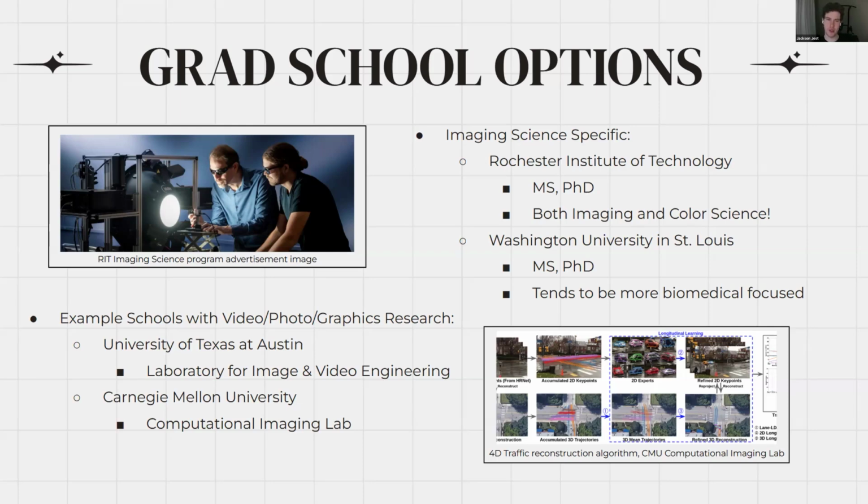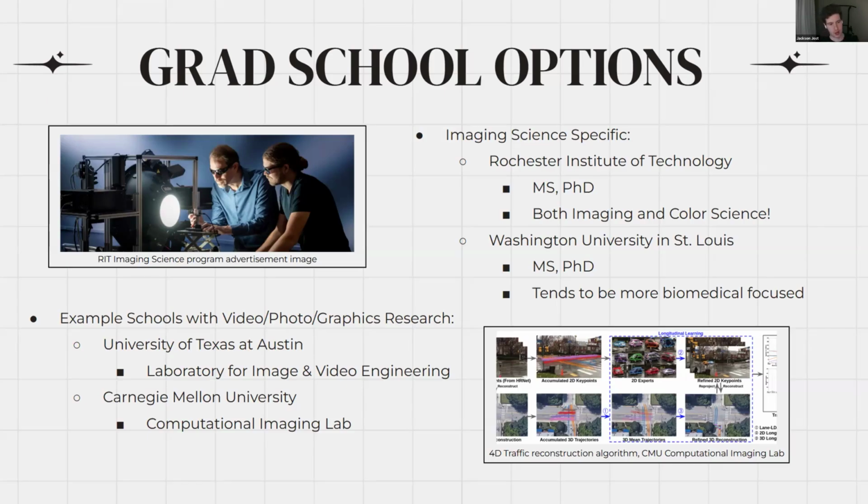They are one of the few labs that are dedicated specifically to that type of research. A lot of other labs that deal with imaging tend to encompass a wide range. So, for example, the institute at RIT could be anything from radar and LiDAR to photographic imaging, so it covers a much wider gamut of technologies. But the UT Austin one's much more focused.